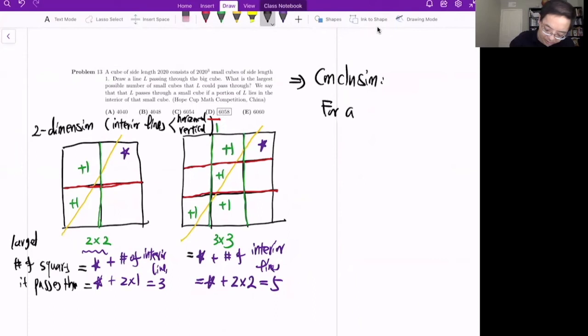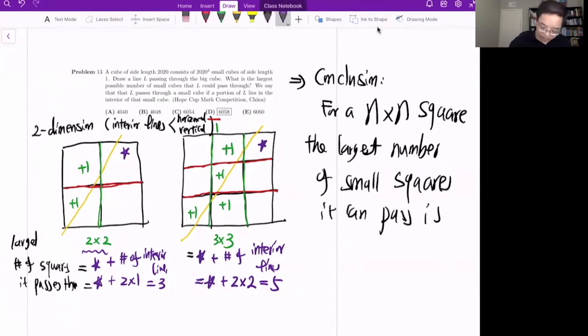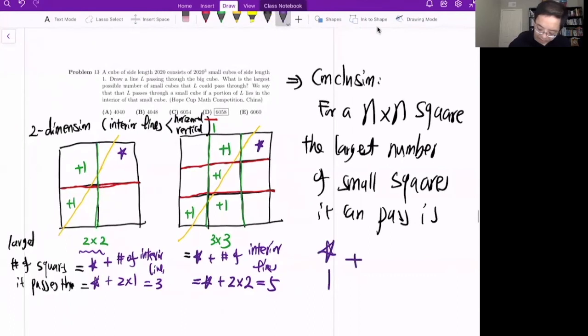For an n times n square, the largest number of small squares it passes through is the first one, the special one, plus the number of interior lines.